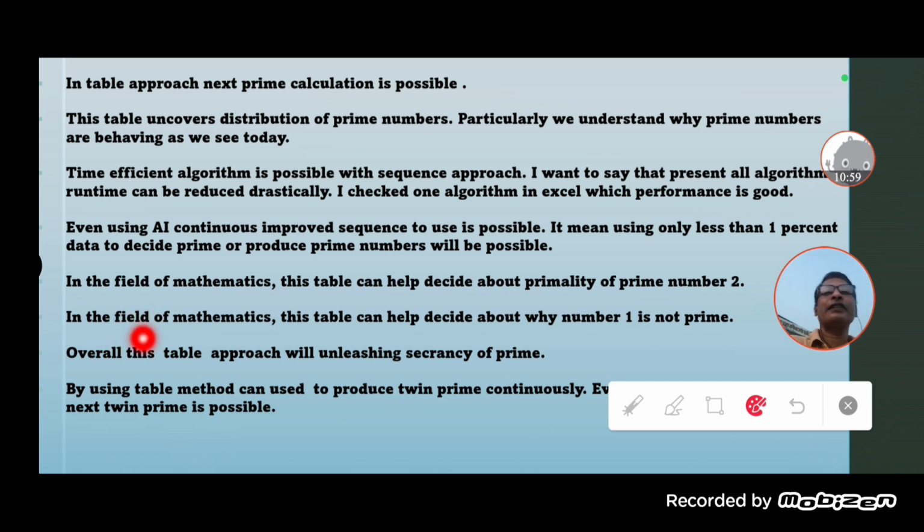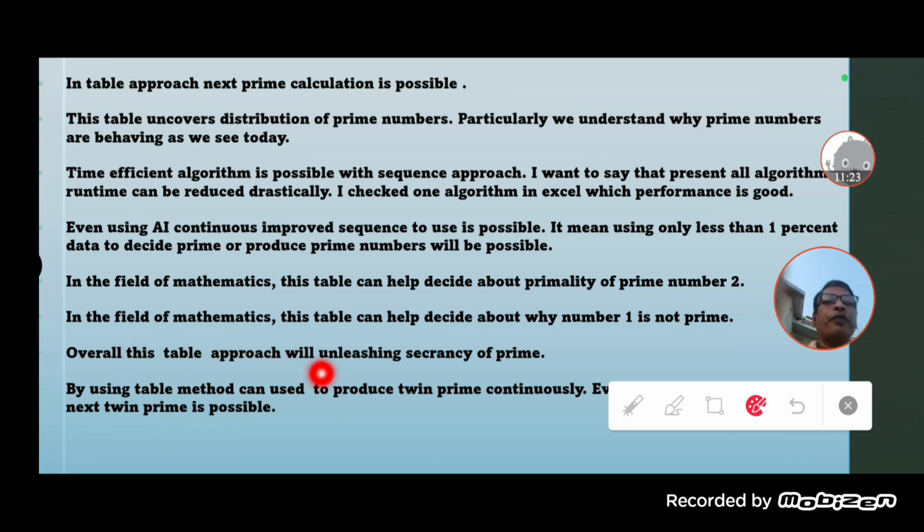The next finding is that in mathematics, this table can help to decide why number 1 is not prime. Today we know the number 1 is not prime, but what is the reason? This table will definitely tell you why number 1 is not prime.